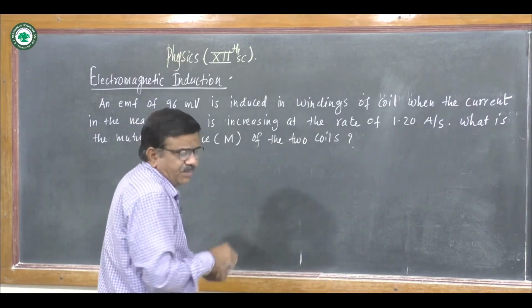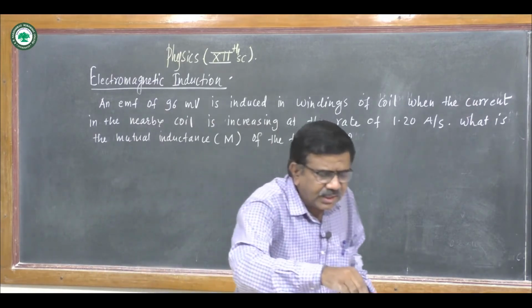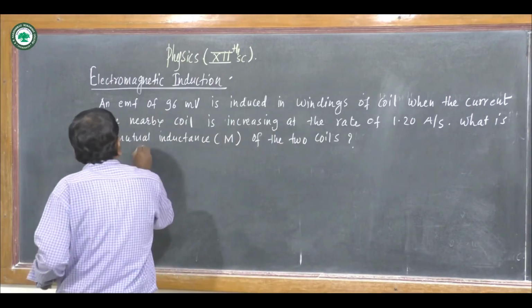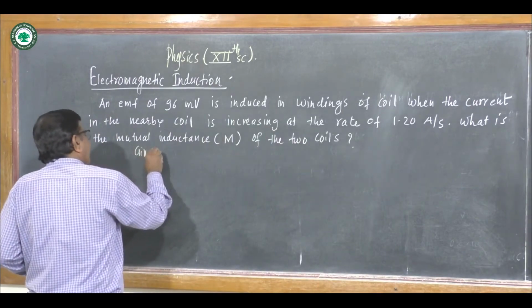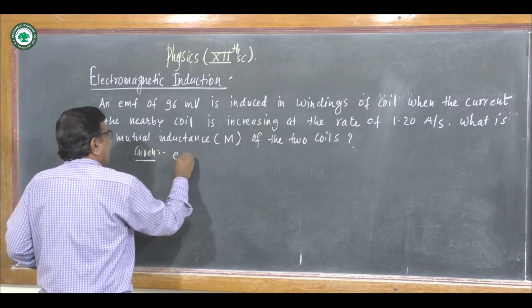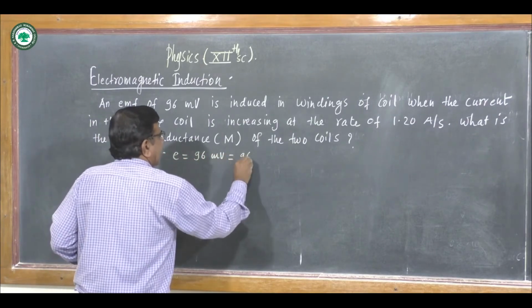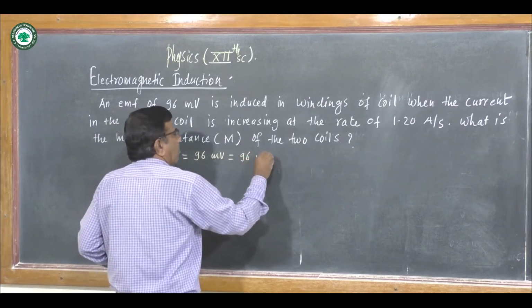EMF of 96 millivolt, so E is 96 millivolt given. That is 96 into 10 raised to minus 3 volt.